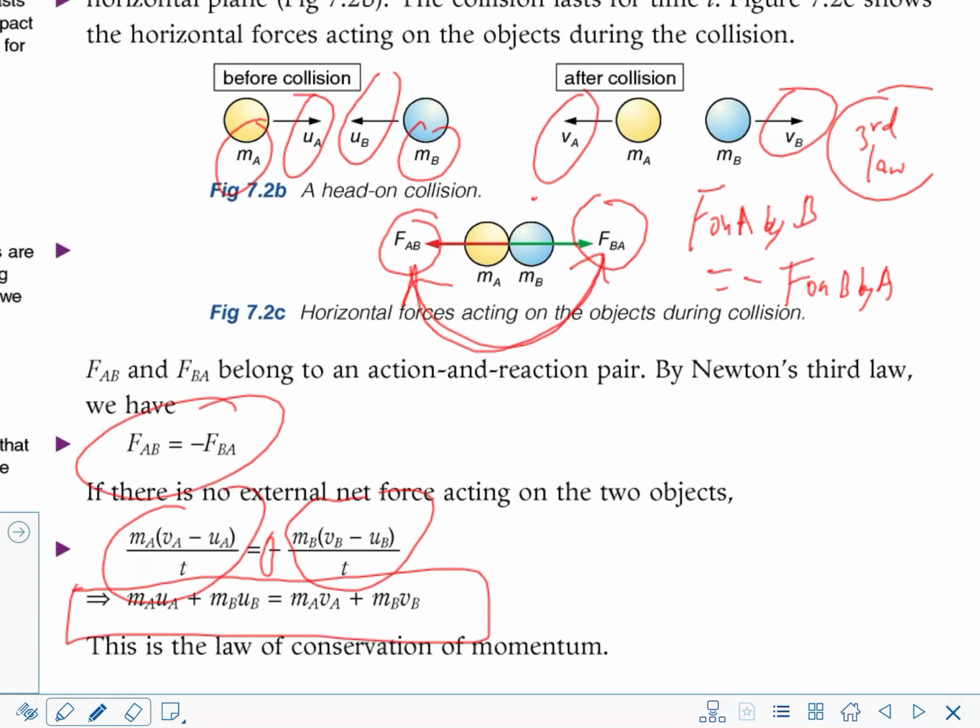So we can have the law of conservation of momentum. You see, this law is actually based on the third law.